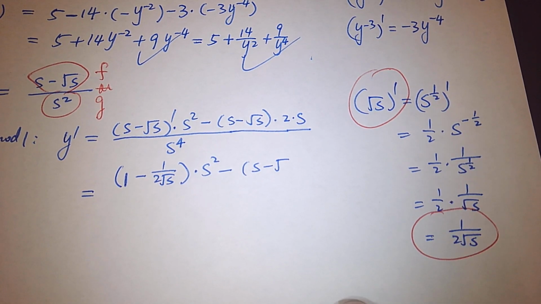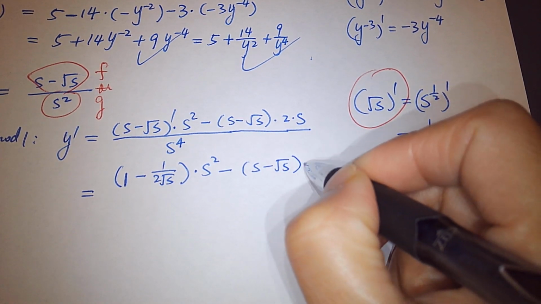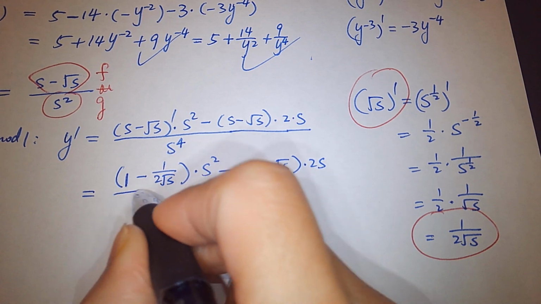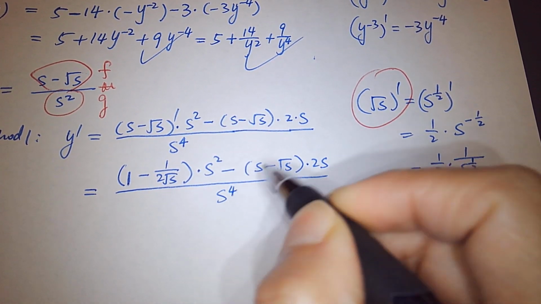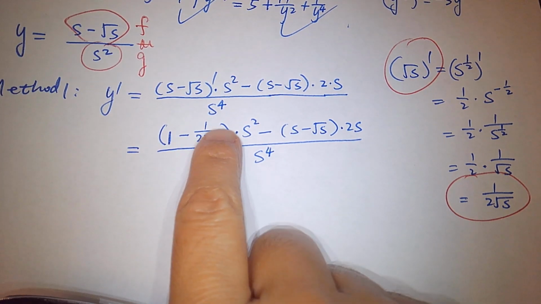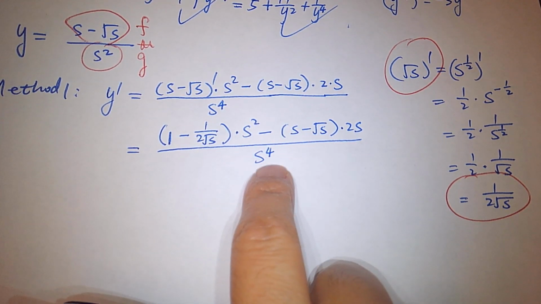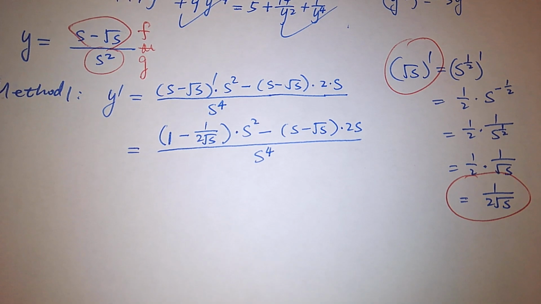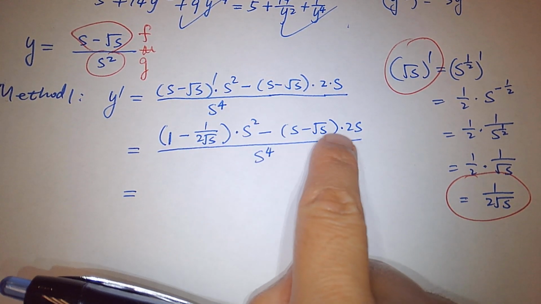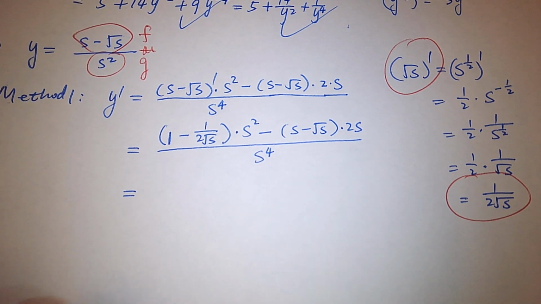Okay. So I'm going to copy everything on the top and then divide by what? s to the first power. But see, every term has an s, right? And we need to simplify. So what can we do, guys? s squared, 2s, s to the fourth. Every term has an s.